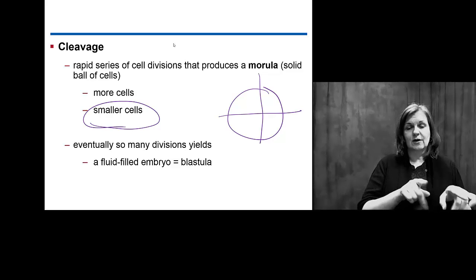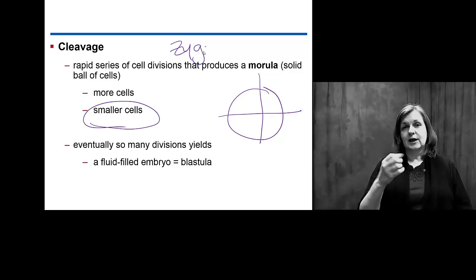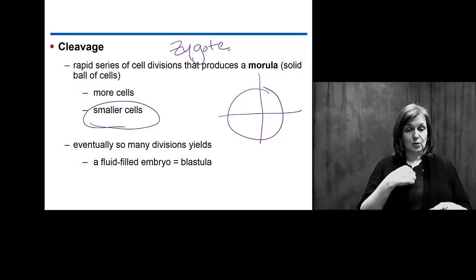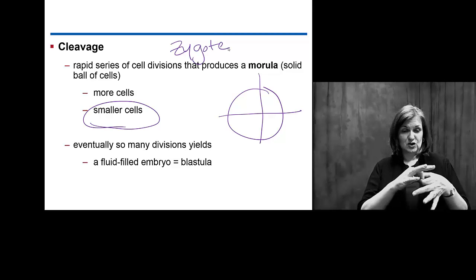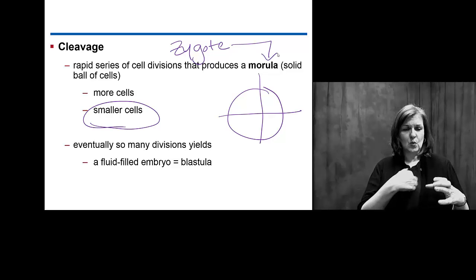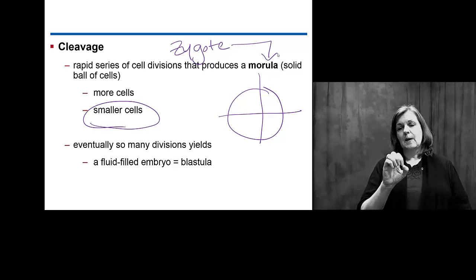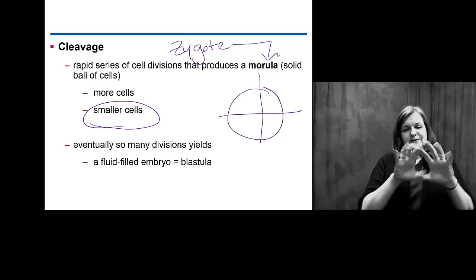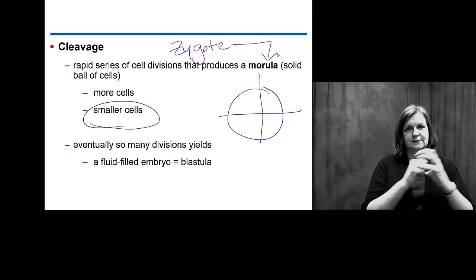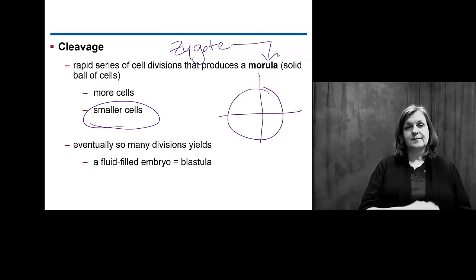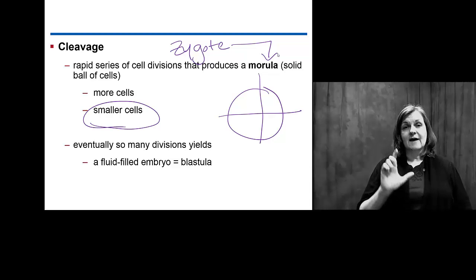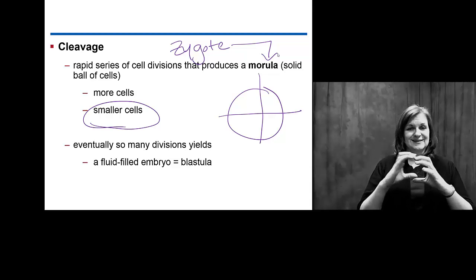Remember, fertilized egg is also known as a zygote, right? So we want to take that zygote, that fertilized egg, and produce something known as a morula. This is just a solid ball of cells. Eventually, we're going to divide that cell enough.